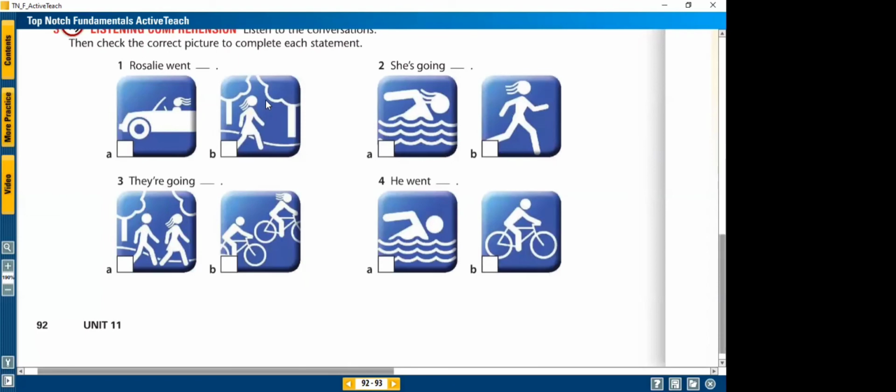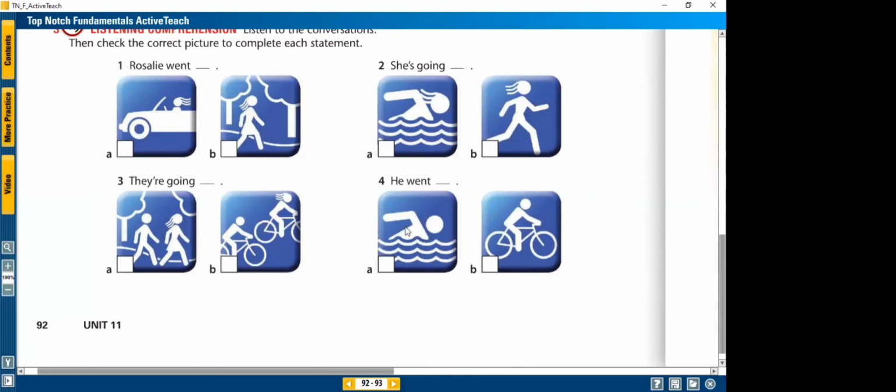What's this activity? They're going running. Probably is go running, and in this one? They going bike riding. Bike riding.